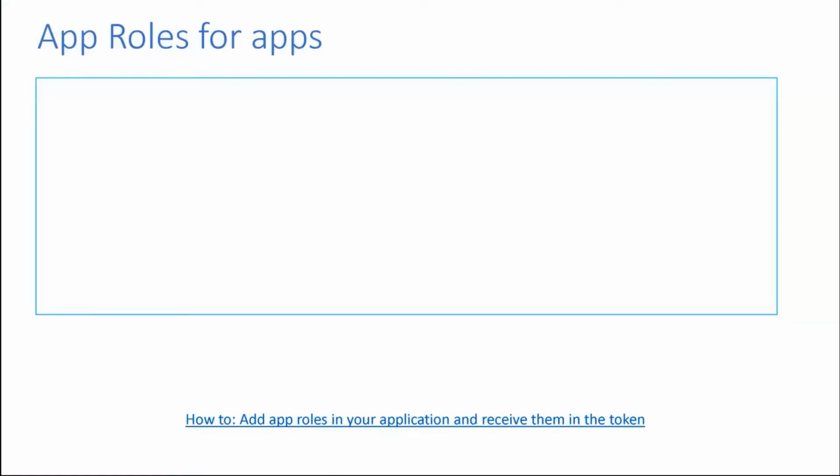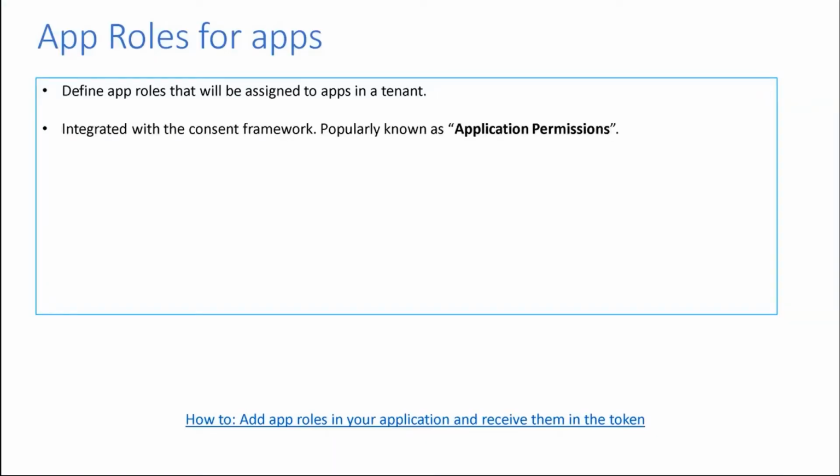So moving on, app roles for applications. These are roles that you assign to apps in a tenant. These are integrated with the consent framework, or you know them as application permissions that applications or resources, as we call them, in the identity platform expose. The assignments or consent to application permissions can only be done via admin consent today.